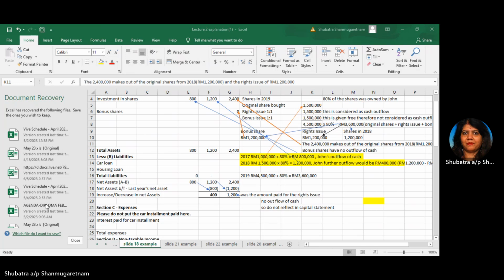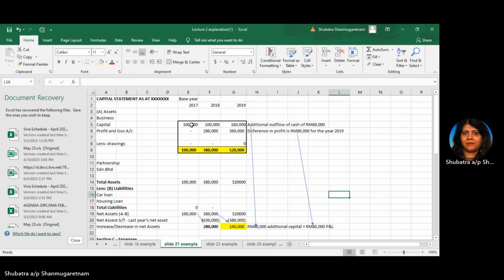Now, the next one is Lee started a business in 2017 with a capital of 100,000. In 2019, he injected an additional capital of 60,000.